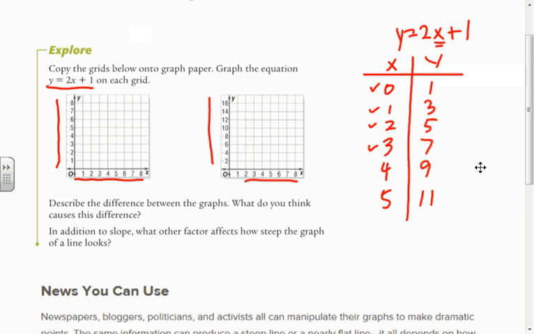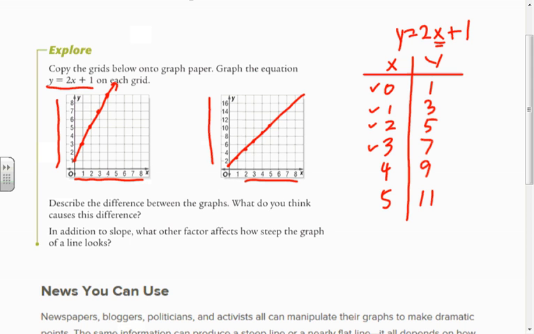Now when I graph them on the first graph, I graph the points 0, 1, 1, 3, 2, 5, 3, 7, and so on. We get what appears to be a really steep graph with a slope of 2. When I graph those same points on the second one, I get a flatter graph.